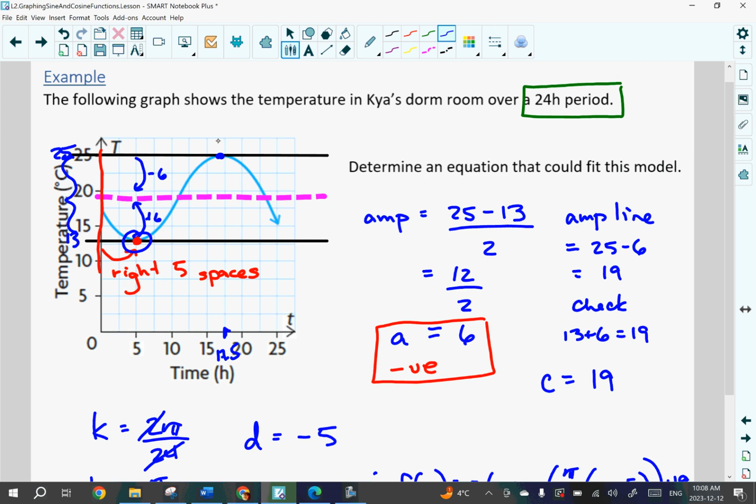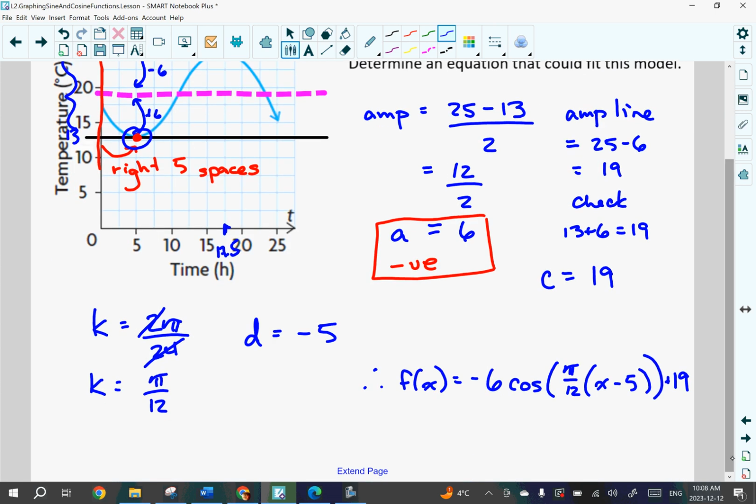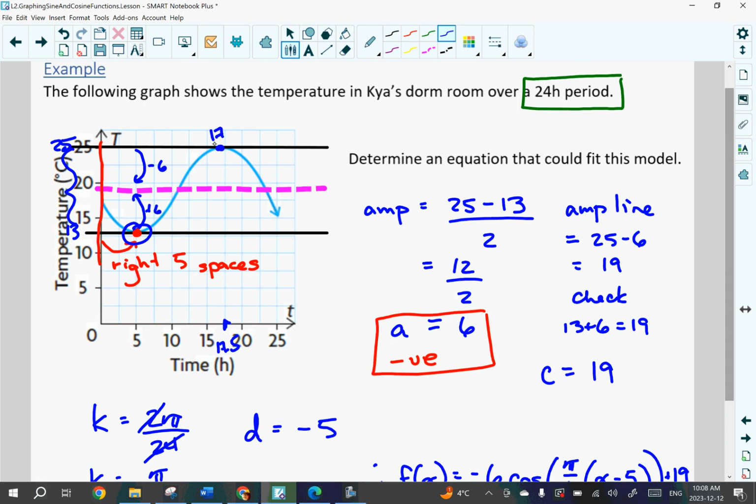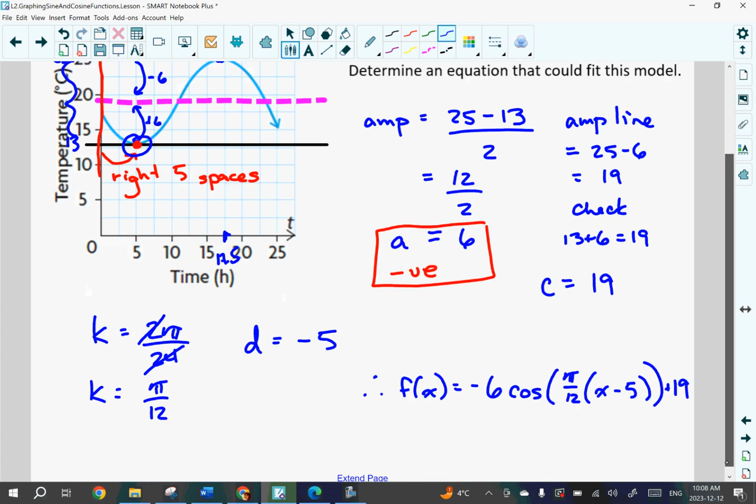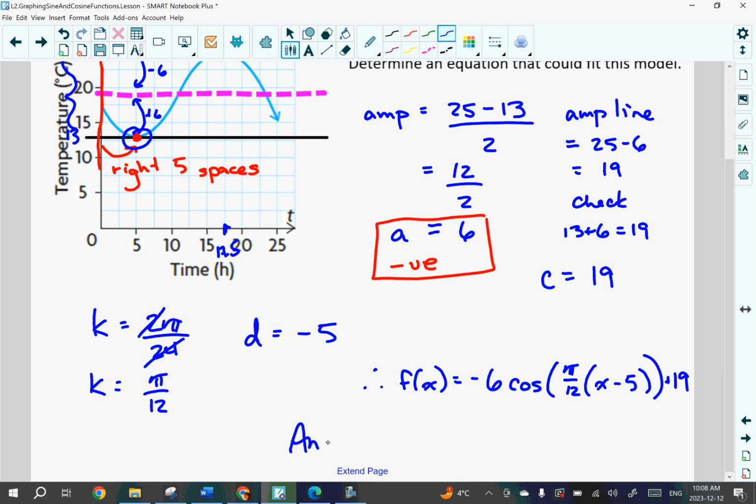I'd say this value hits at 17. They wouldn't have a negative value because they're starting up high. Their phase shift, though, instead of being right 5 spaces, would be right 17 spaces. So another way someone could write this would be this.